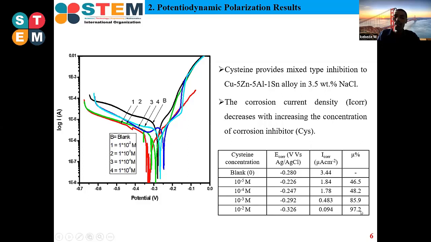So the inhibition efficiency of cysteine for the golden alloy, this copper alloy, depends on the concentration. Beyond this concentration, it decreases because there is recombination. The surface film becomes recombined, so it may be damaged.